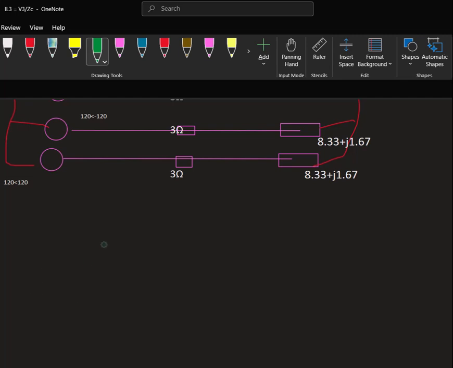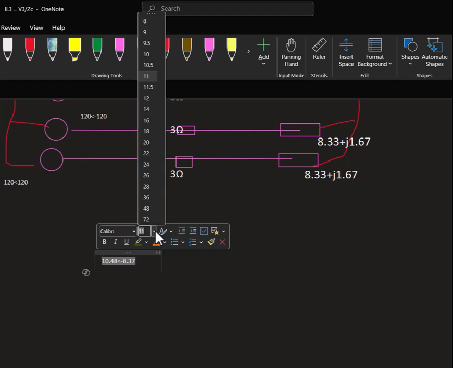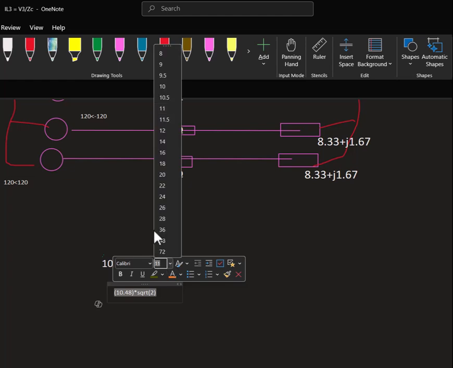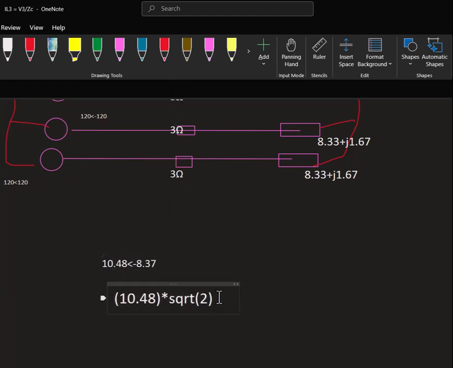So if we got our answer as 10.48 angle negative 8.37, the numbers from the problem were RMS, but when I put them into the time domain I have to put it into peak, so I would multiply the 10.48 by the square root of 2. That would be 14.81.